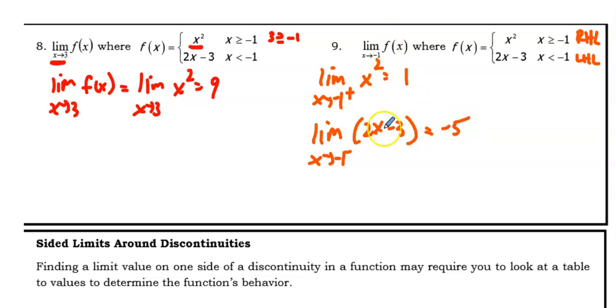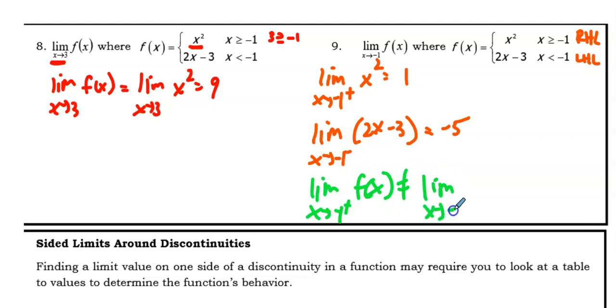So I can now say with full confidence that the limit as x approaches -1 from the right of f of x does not equal the limit to the left of f of x, because 1 and -5 are not equal to each other. Therefore, I can now say that this overall limit will not exist.